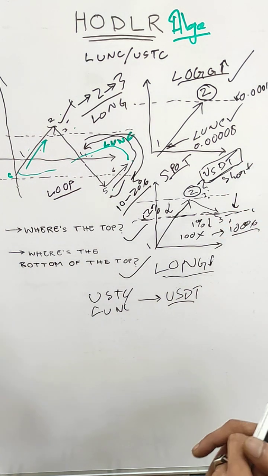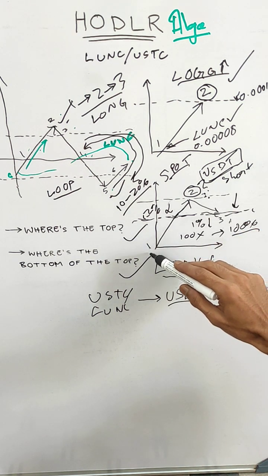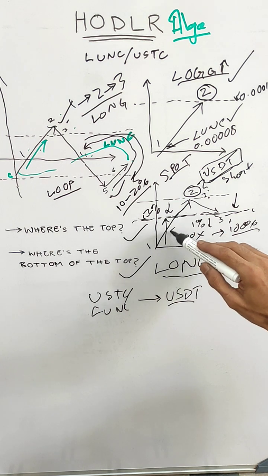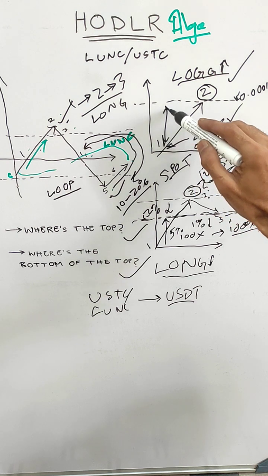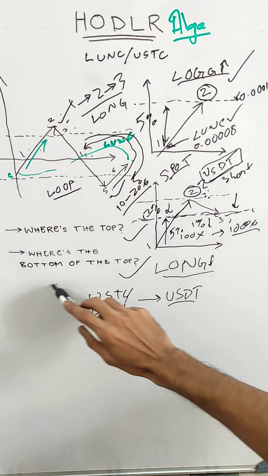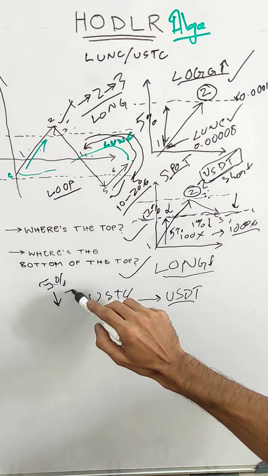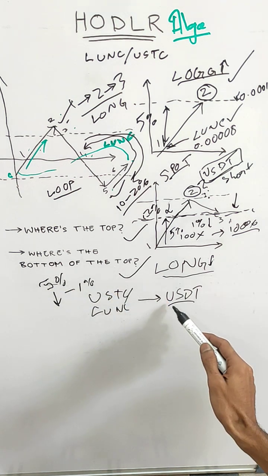It creates a buffer. So when you exit from here and you started out from here, say from here to here, it was about 5%. So the gain over here is about 5%. Now this 5% reduced by 1%, and you swapped back to USDT.